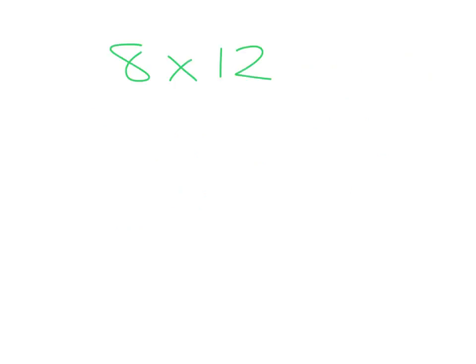And now let's have a look at how we can use our 2 times tables to work out the 8 times tables. If I have a question like 8 times 12, what I'm going to do is I'm going to work out what 2 times 12 is. That's easy, because I just double the 12. If I double this answer here, that's going to tell me what 4 times 12 is.